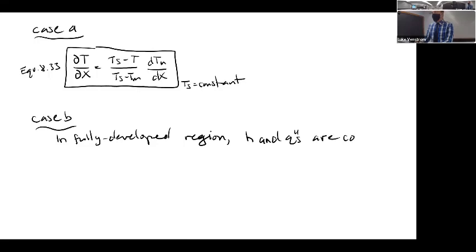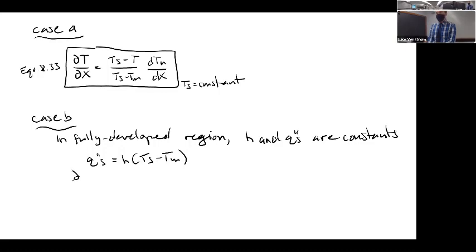I'll try to convince you of that by thinking about it. If we write down Newton's law of cooling, and we have this idea that somehow Ts and Tm must both increase at the same rate, then it makes sense, right? If this is a constant and this difference is a constant, h must also be a constant, okay?